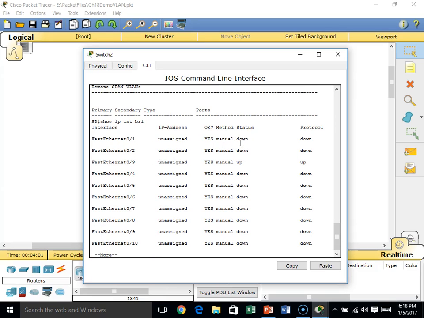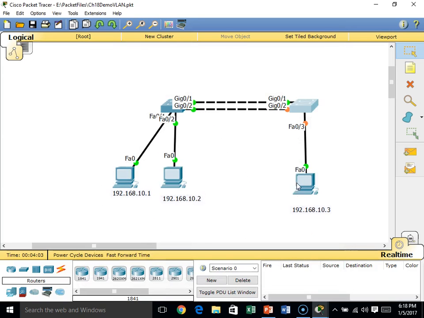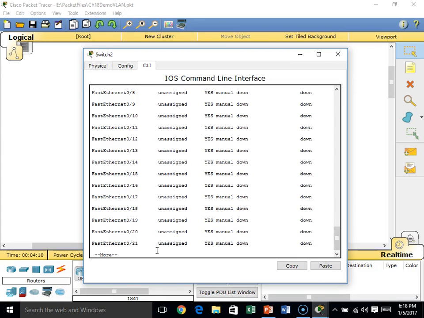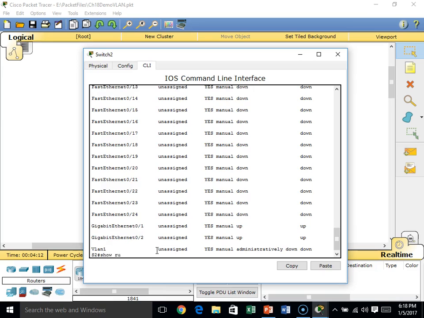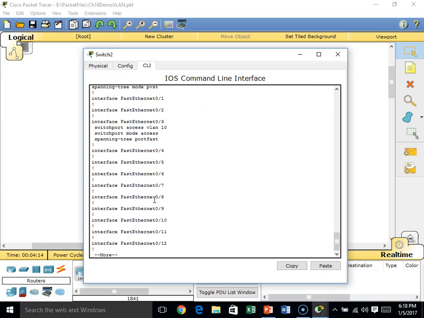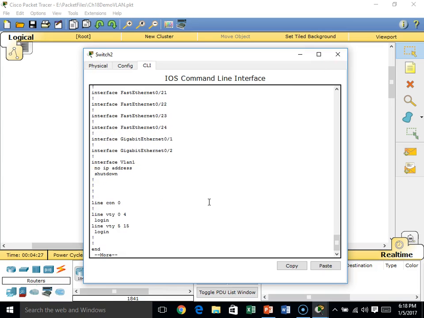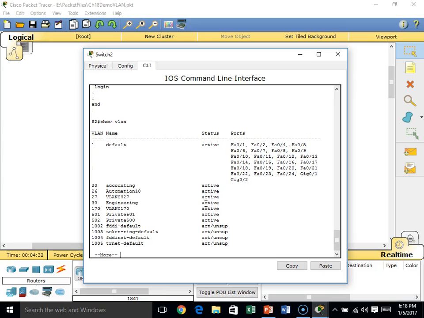It says that FastEthernet 0/3 is up, and that's the one this guy's connected to, and he's supposed to be part of VLAN 10. If we go in here and show run, FastEthernet 0/3, switchport access VLAN 10, he's assigned to VLAN 10. He's an access port. PortFast is configured. But when we looked at the VLAN database here, show VLAN, there is no VLAN 10.